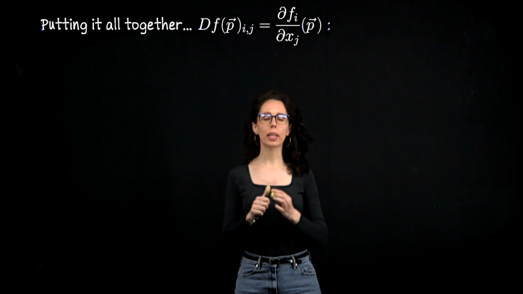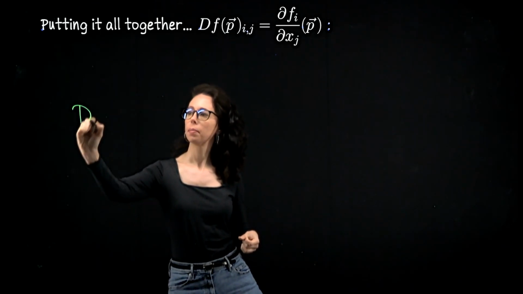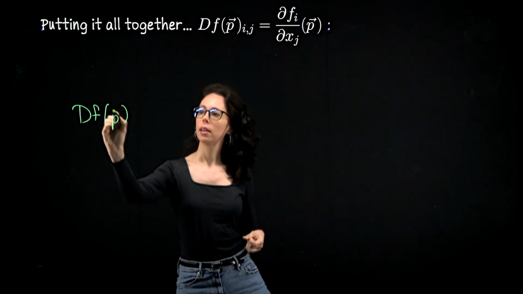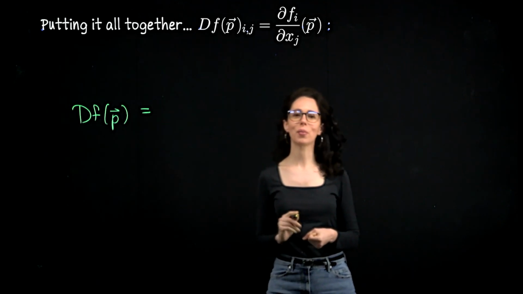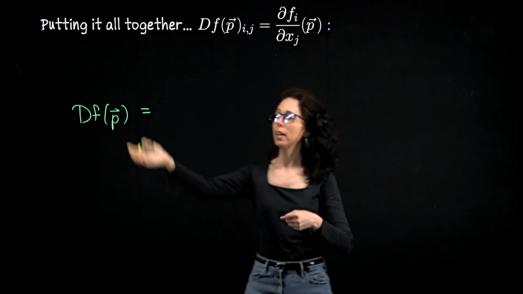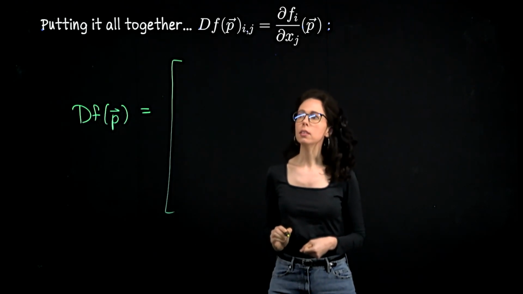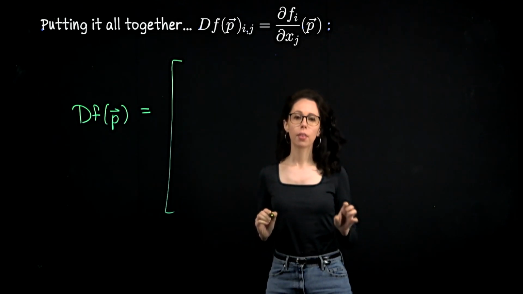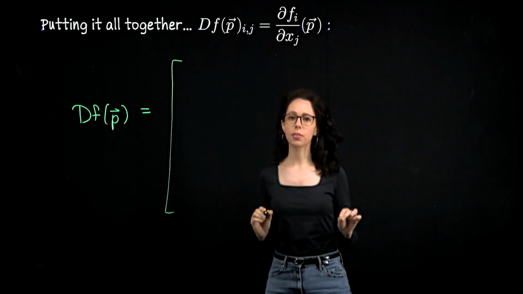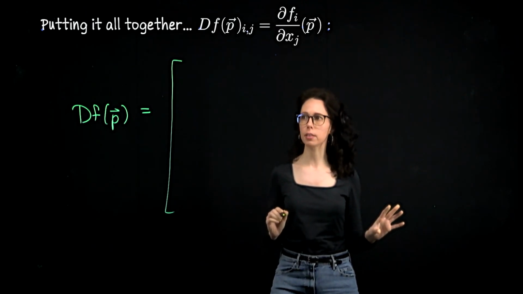Okay, so what does this equality tell us? Well, if we have a function f differentiable at p with our usual assumptions, then the matrix associated to the linear transformation that we talk about in the grand definition of differentiability has coordinates where, when we go along the first row, those are going to be the partial derivatives of the first coordinate function of f with respect to all of the inputs.